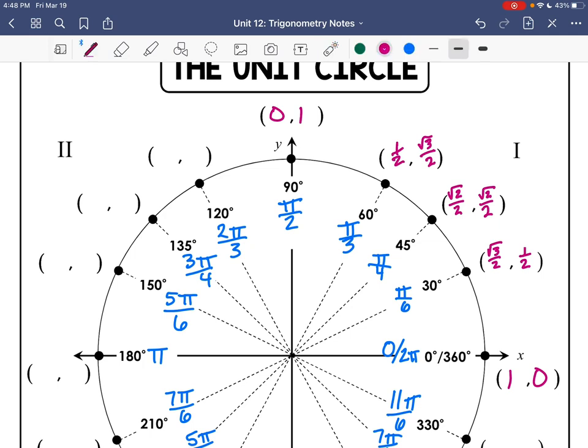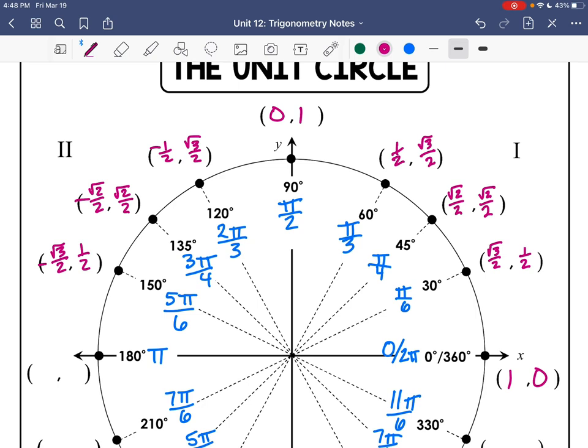So they're all going to be the same as far as the numbers go. So this is 1/2 and square root of 3 over 2. This is square root of 2 over 2, square root of 2 over 2. And then this one is square root of 3 over 2 and 1/2. What's different is that all of these x values, because we're going to the left, are negative. So you're going to put a negative on all of those, like so.